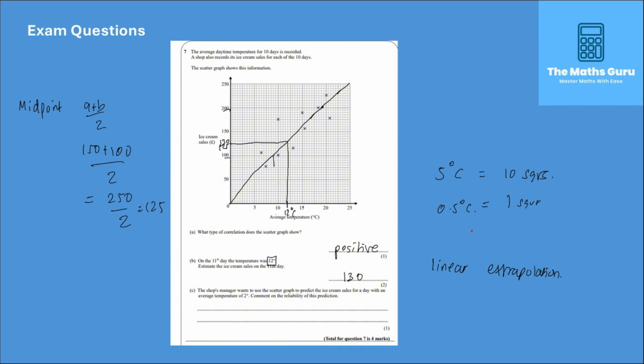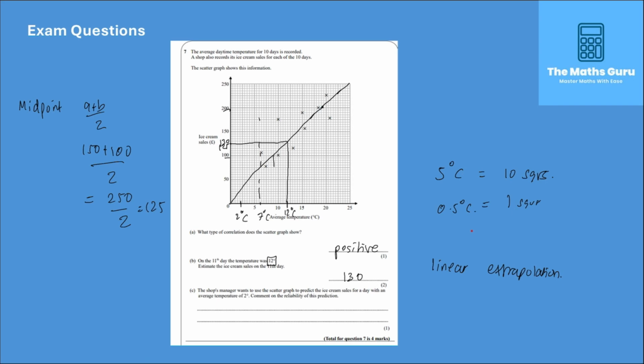So our range of data, remember, if you look, the earliest temperature that we've plotted is for about 7 degrees, yeah? If you can see, this is 7 degrees Celsius, and this is where the first point is plotted. Our 2 degrees Celsius is outside of that. So it is extrapolation, actually. So to predict 2 degrees, which is about here, right?